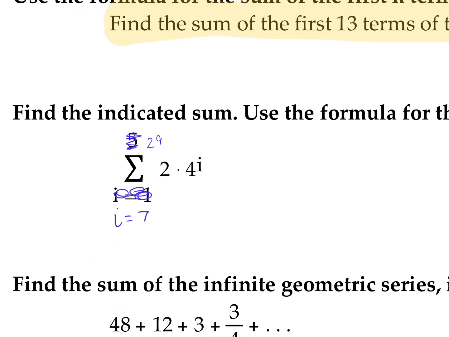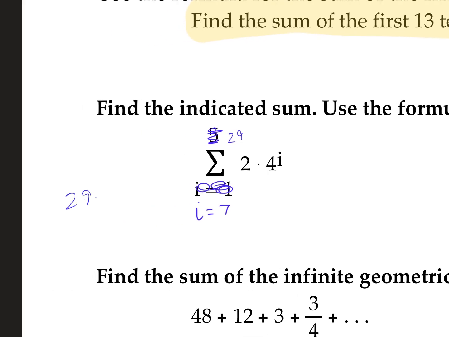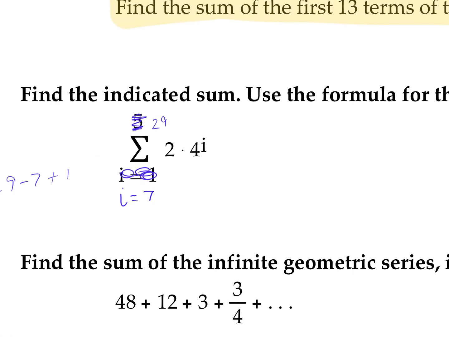What this means is you're going to plug in, you're going to start with 7 and end with 29. They're going to add them all together. But we're not going to do that because that's going to take too long. How do you figure out the total number of numbers that would be in this sequence? 29 minus 7, what? Plus 1, okay? How would you figure out? Think about what you need.